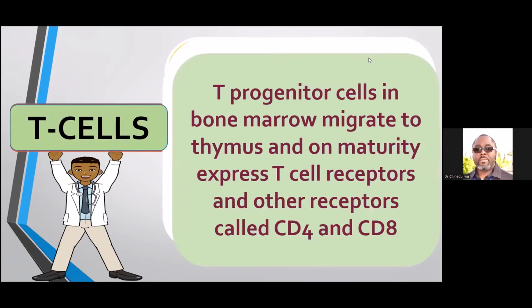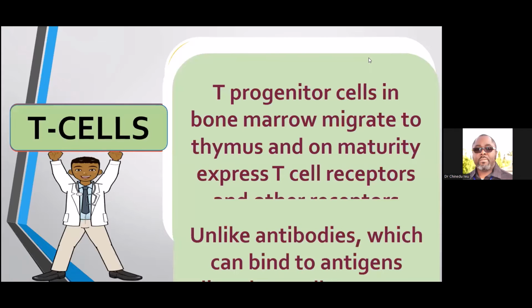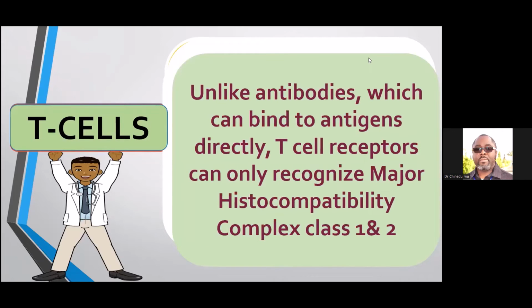The progenitor T cells originate in the bone marrow and migrate to the thymus, and on maturity express T cell receptors and other receptors such as CD4 and CD8. Unlike antibodies, which can bind to antigens, the T cell receptors can only recognize the major histocompatibility complexes class 1 and 2.